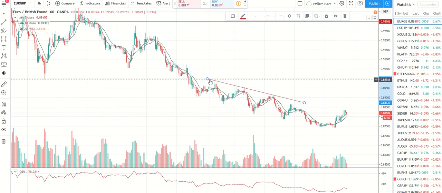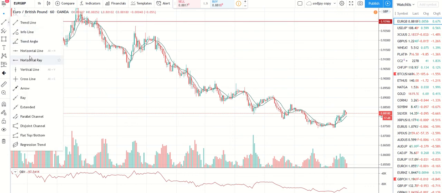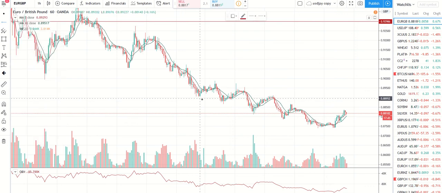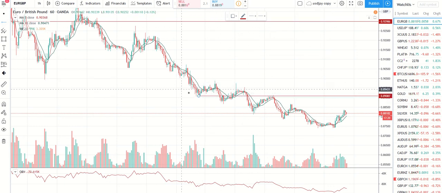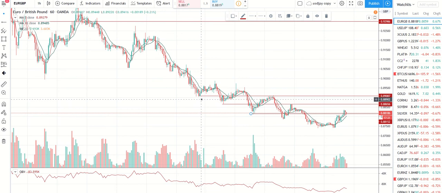So you're far better off actually looking at levels that it's coming to. If I can give you some insight here, you can see you're better off working from these kind of levels.